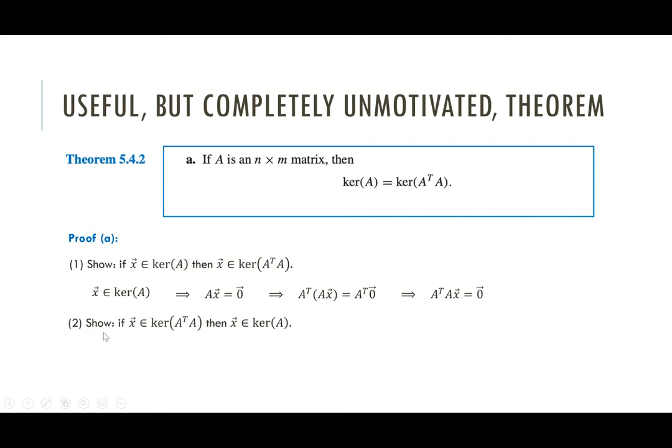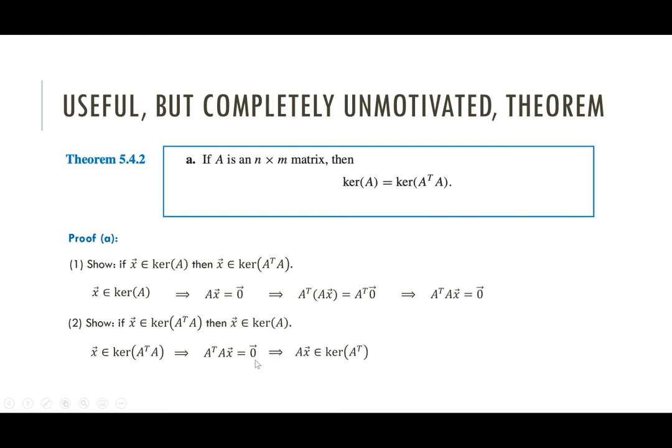So now we want to show if x is in the kernel of A transpose A, then x had to be in the kernel of A. Again, let's start with our hypothesis. Suppose x is in the kernel of A transpose A. What does that mean? Well, by definition of the kernel, this means that A transpose A x is the 0 vector.